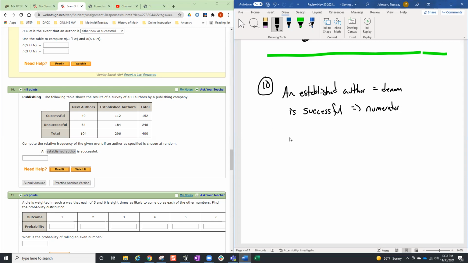An established author, there are 296 established authors. How many of those established authors are successful? 112 of them. Because I'm only looking at the successful authors that are also established. This is established intersected with successful. And the number of established is 296.